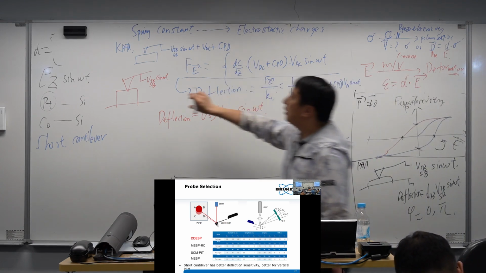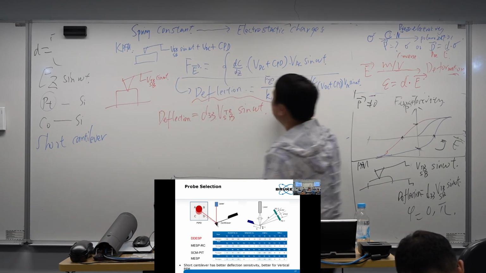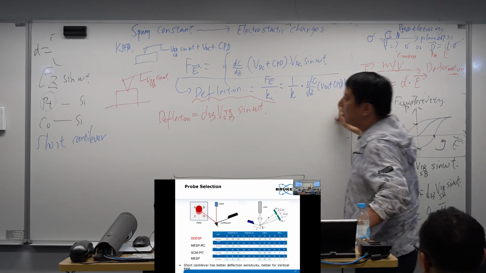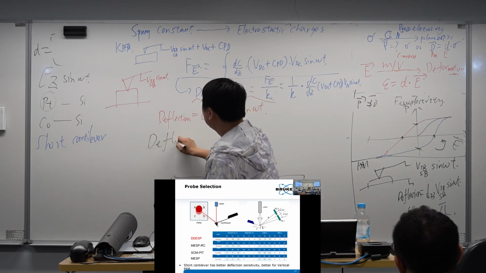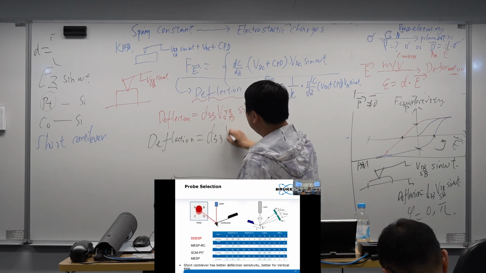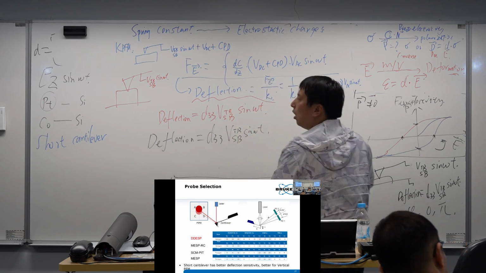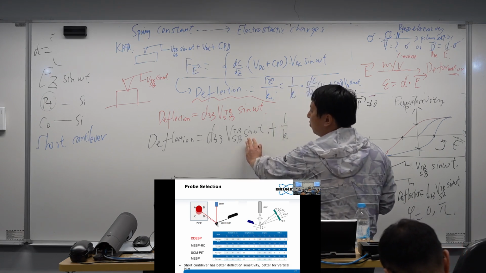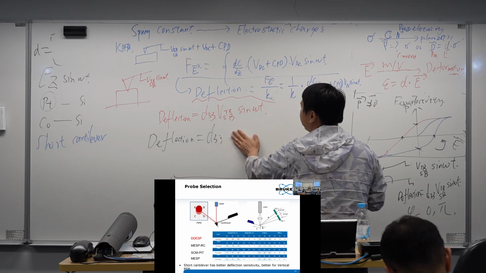So in this setup, we definitely will have this electric field force. So if we consider both of them, the total deflection should be D33 times VTB VSB sine omega t plus, I'm sorry, I will put these terms in the back, okay?